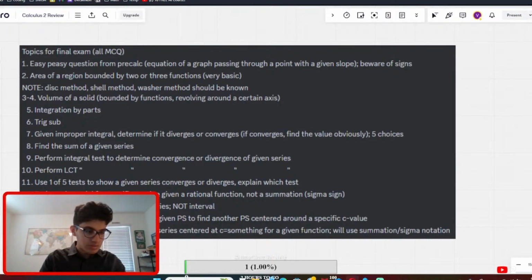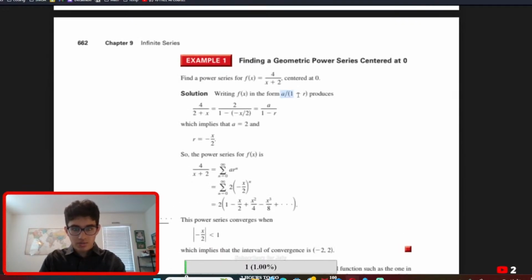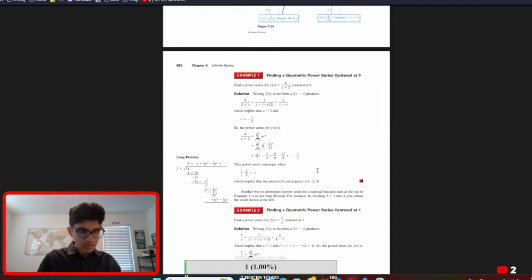That was just something specific, only apropos to our class. Use a given power series to find another power series. Maybe they're counting this as a power series. It is, right? It's just the summation of a r to the n. Yeah, that's what it is. I think that's what it means.